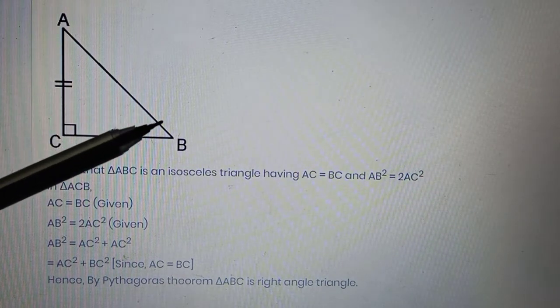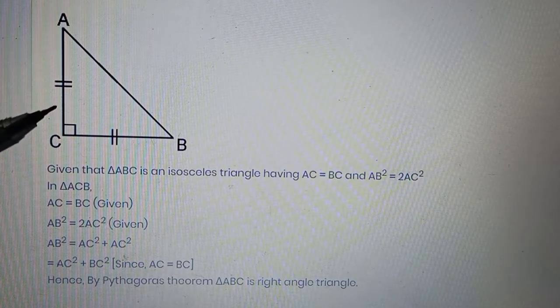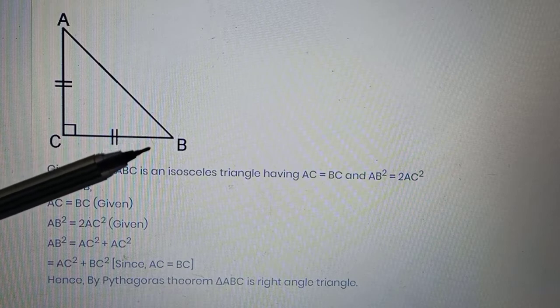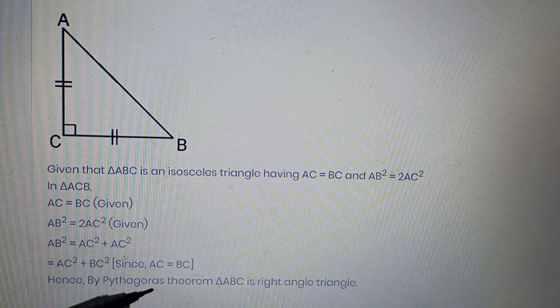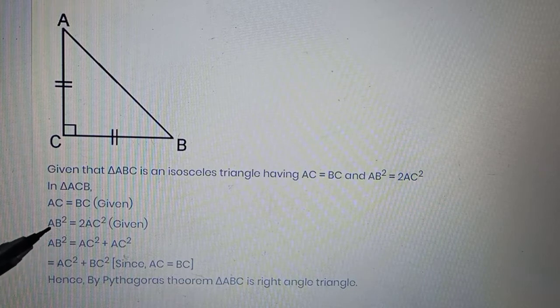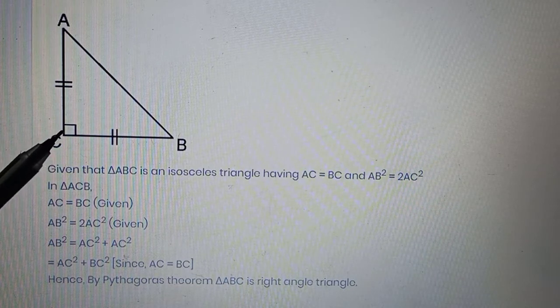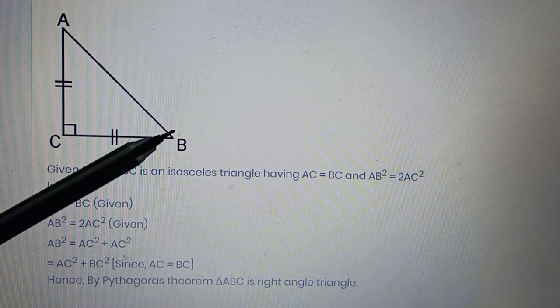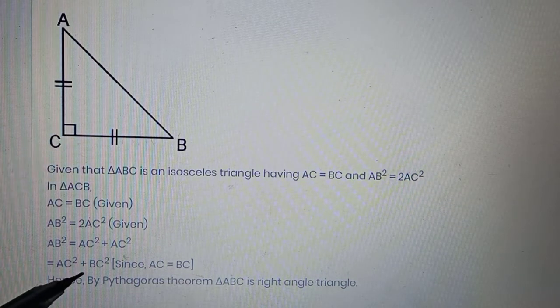So we have shown AB square equal to AC square plus BC square, means Pythagoras theorem is valid here. So by converse of Pythagoras theorem rather we should say, this would be a right angle triangle. तो ये जो AB होती है हमारी, इसके opposite angle C, it will be right angled at C. Hypotenuse ये सबसे बड़ी side है. So if the side is AB, left over vertex C will be right angled.